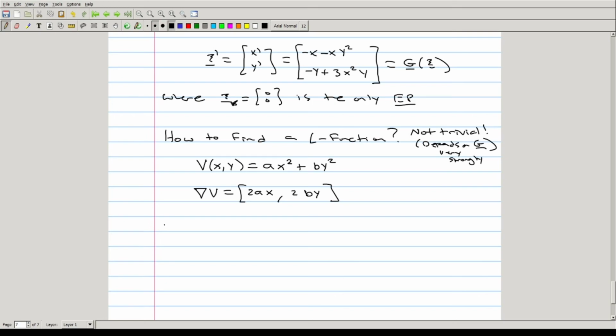So, taking the gradient of the function v dot product with g, this becomes 2ax times negative x minus x y squared, plus 2by times negative y plus 3x squared y.